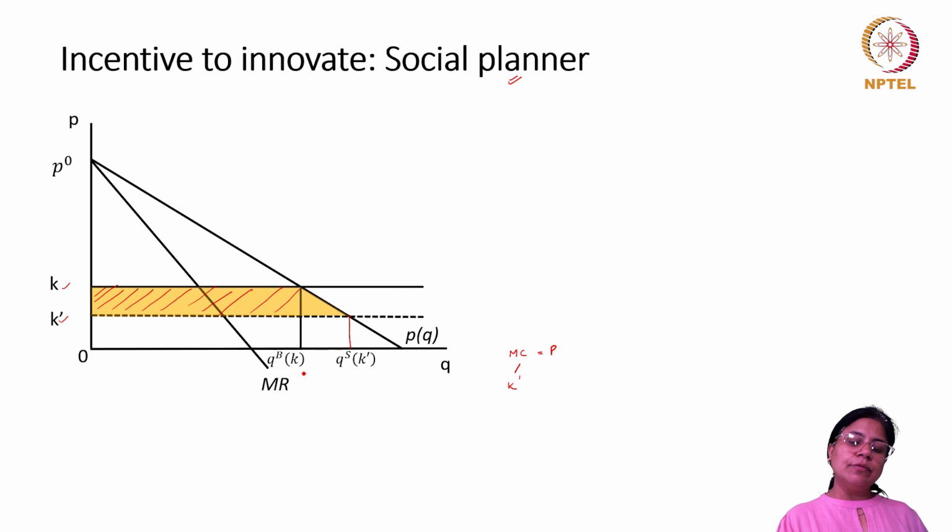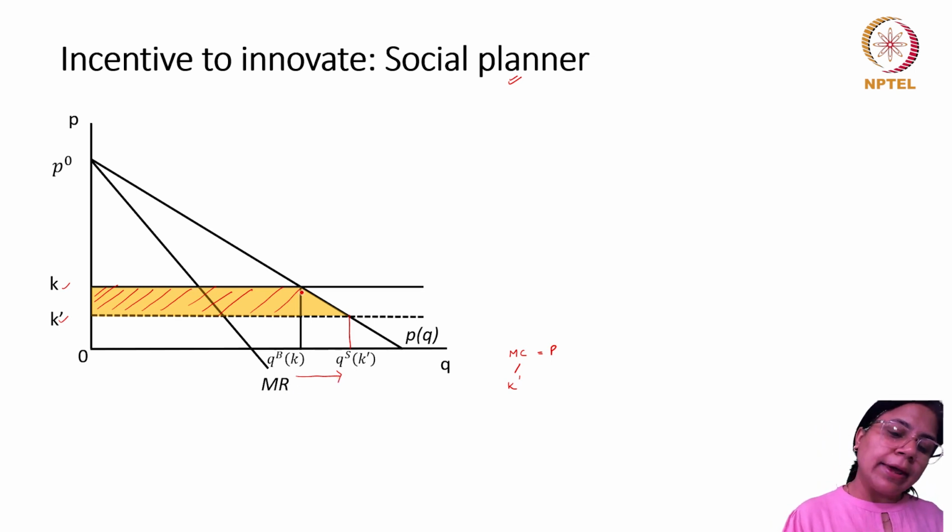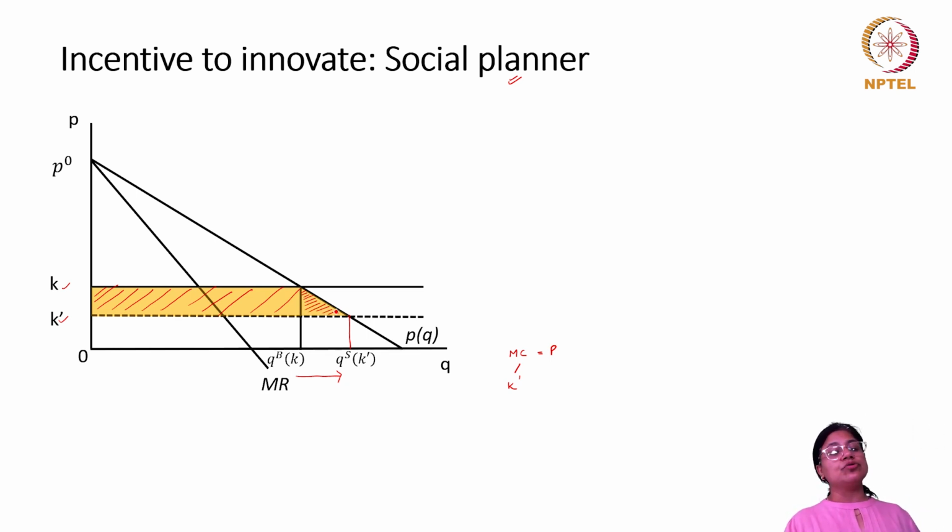In that case, we see that the quantity supplied increases in the market. And there is this triangle which adds an additional dimension to the motivation that a social planner will have in order to, let us say, motivate or subsidize innovation.